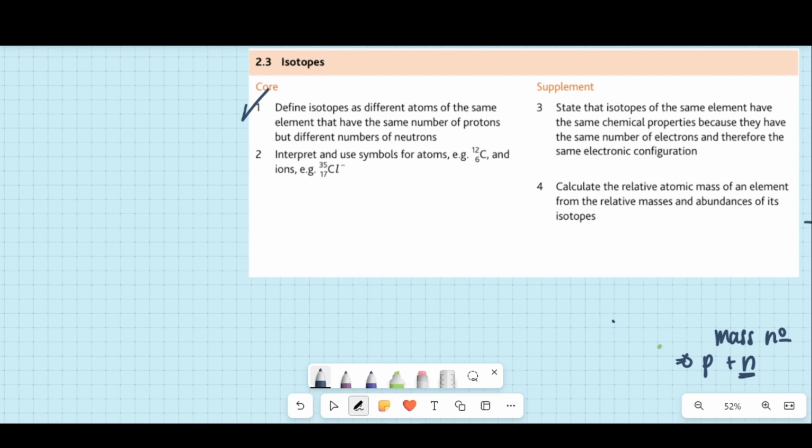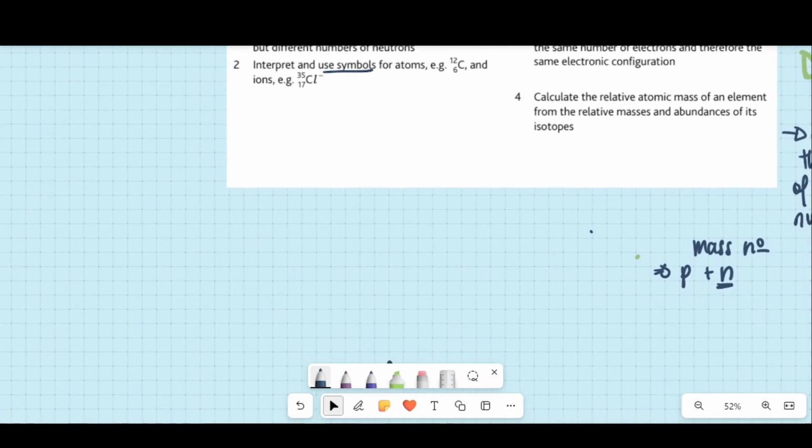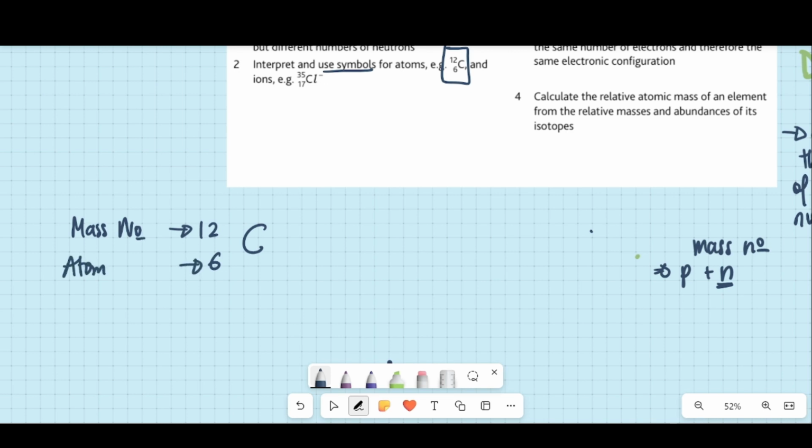Let's talk about interpretation and presentation of isotopes using symbols. For example, we have carbon with a 12 and a 6. We know the bigger number is always your mass number, and your smaller number is your atomic number, also known as your proton number. So you need to be able to interpret the symbols.